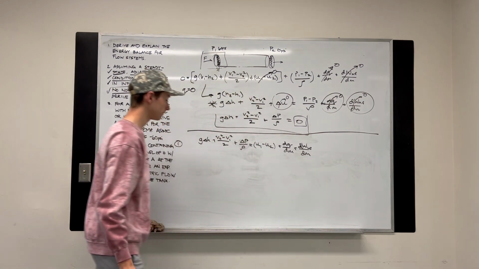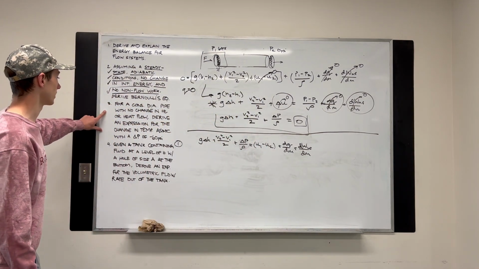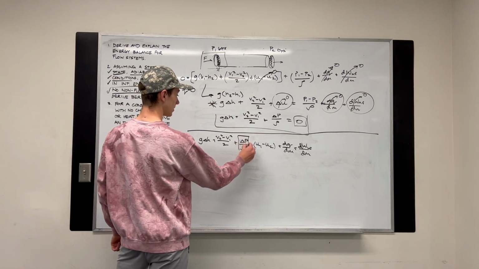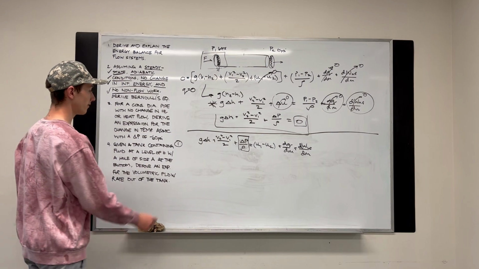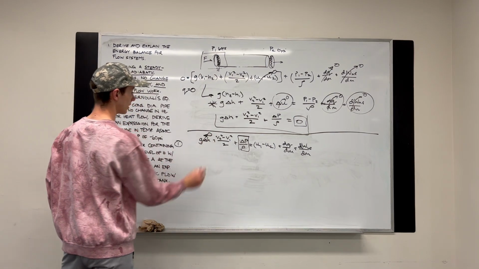Okay, so we've rearranged our equation. Let's look at our question again. So we know we're going to have some change in pressure, so we're going to keep this term. We don't have any change in height. No problems. That's equal to 0. We don't need to worry about that.